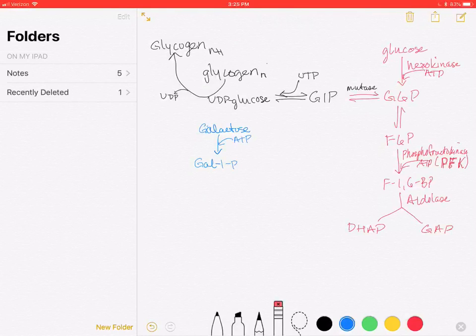The galactose 1-phosphate reacts with UDP glucose, and we get an interesting reaction where these two join together, and one of the products is glucose 1-phosphate and the other product is UDP galactose.